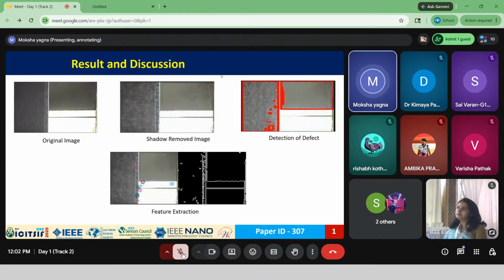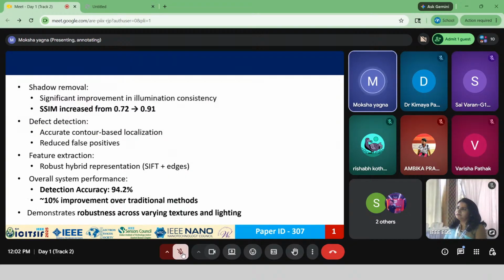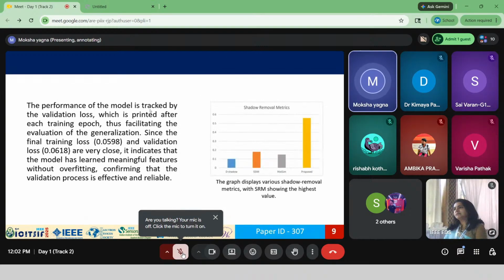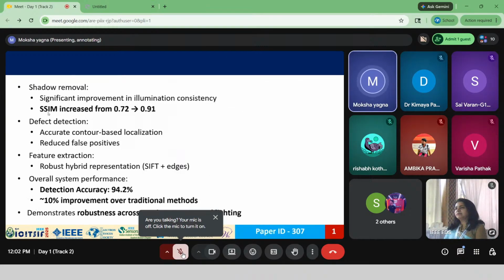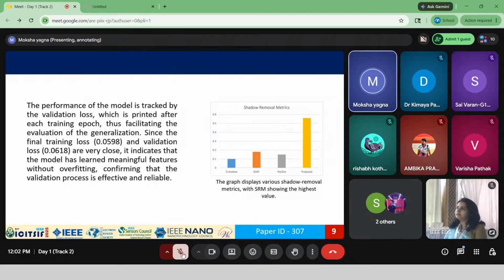This is one of our outputs. For accuracy, we use SSIM, which calculates how accurate our results are. For our paper, we got 94.2% accuracy.